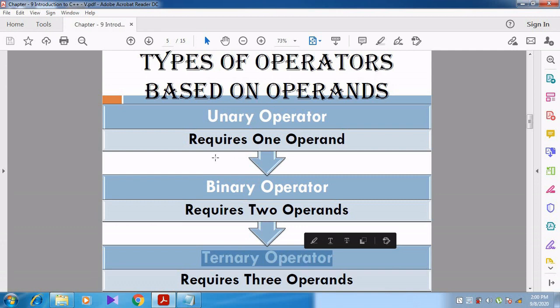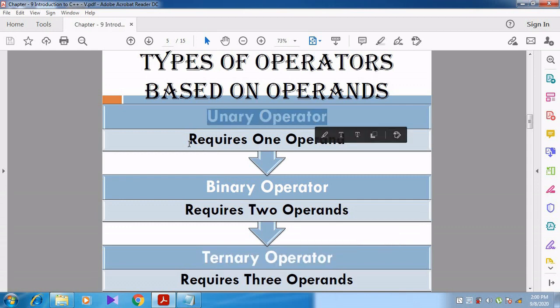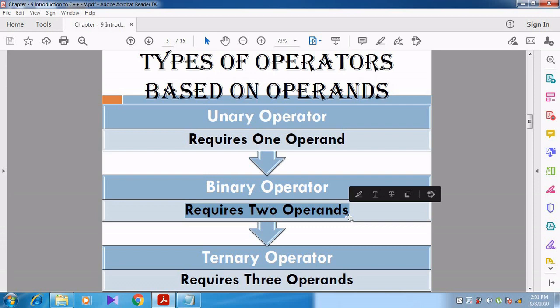So a unary operator requires 1 operand, whereas a binary operator requires 2 operands. Binary means 2.